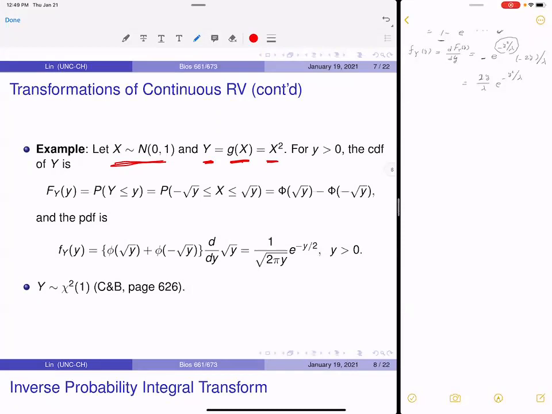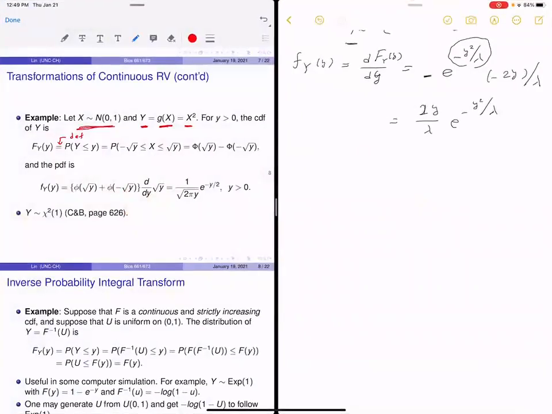Hey, how about definition? Again, definition right here. Okay, so then using definition, if I want to derive Y is X squared, right?